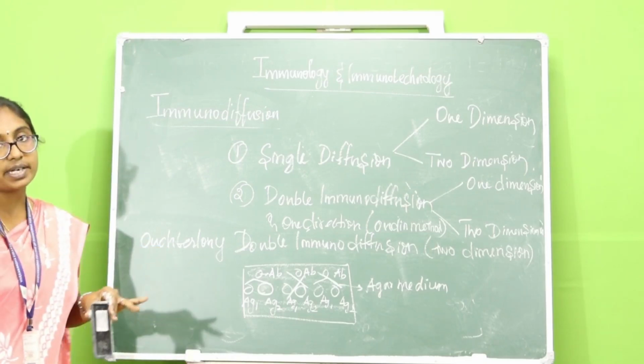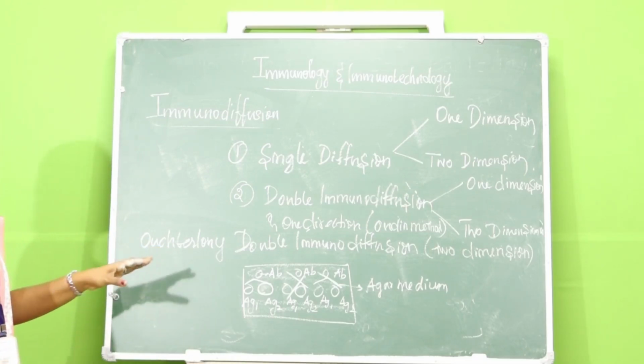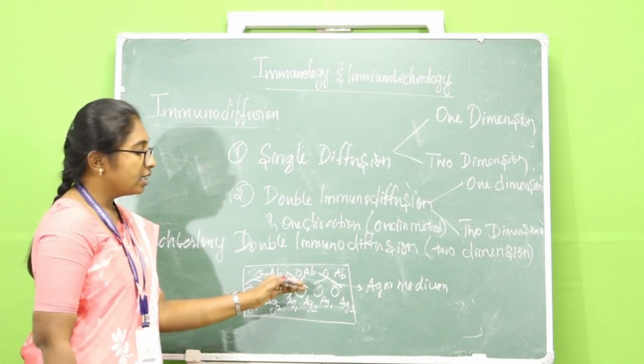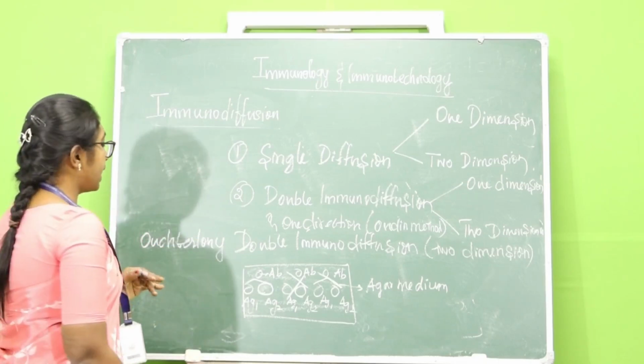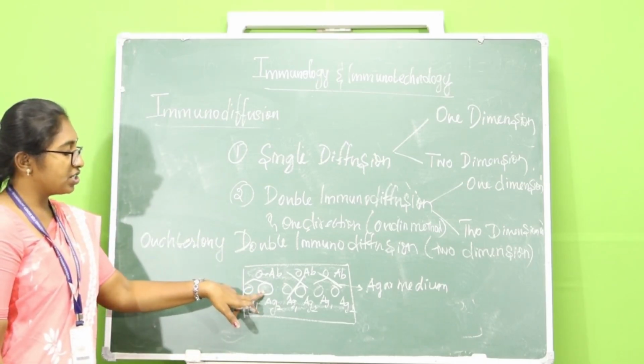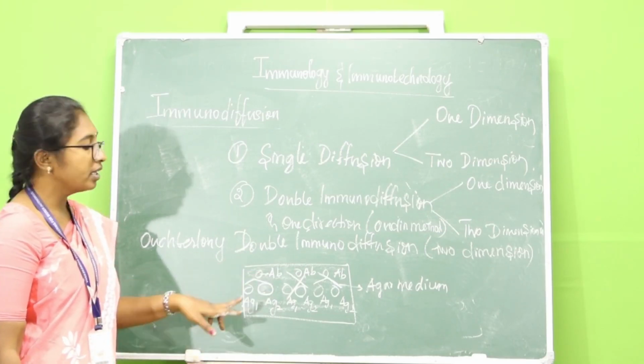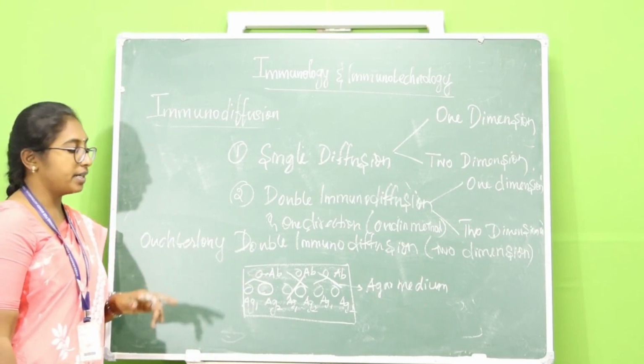Here we can interpret the result in three forms: identity, non-identity and partial identity. Identity: when both antigens share the site on the antibody which is common, we interpret the result as identity.